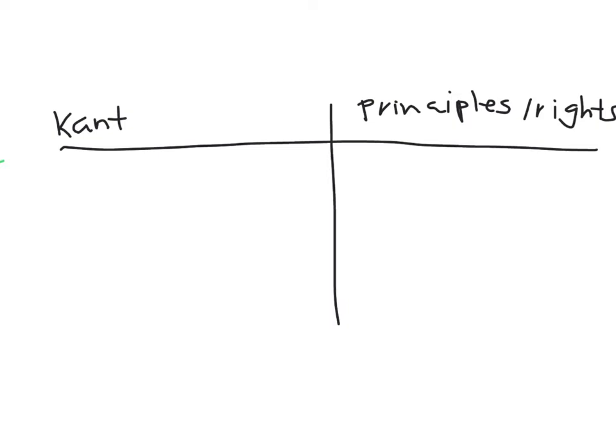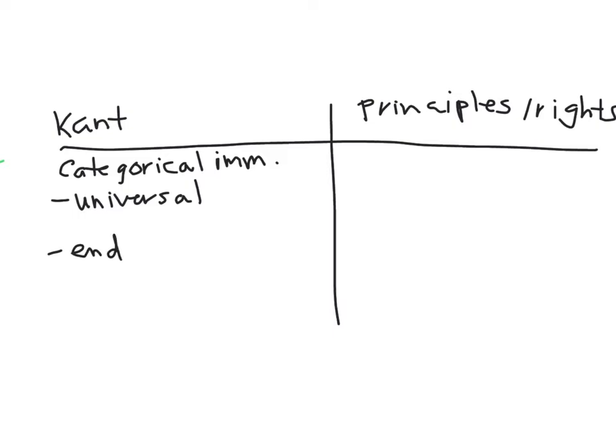Okay, yeah, because ultimately, remember, for Kant, he doesn't really care so much about the consequences. For Kant, you always look at the categorical imperatives, and you have the formula of the universal, and then the formula of the end in itself.